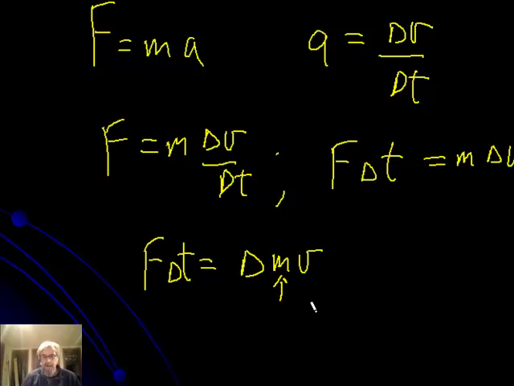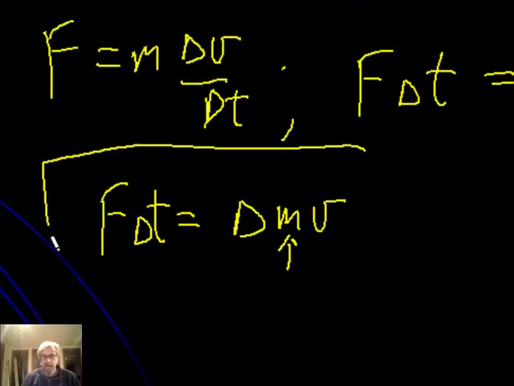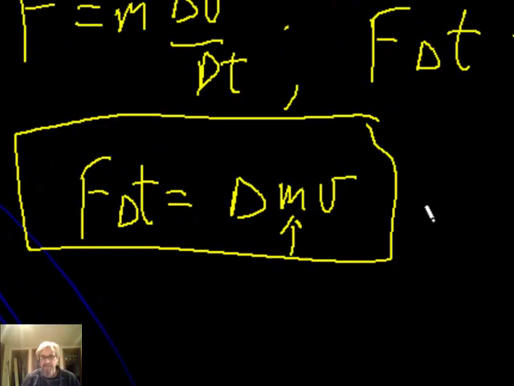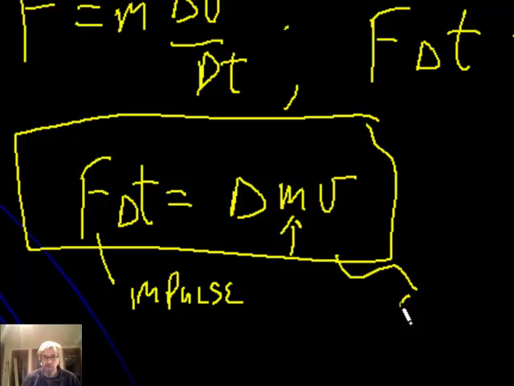So this equation here usually is going to be m delta v, because most of the time mass can't change. But if it can, we have to take into consideration that F delta t is equal to the change in momentum. So impulse, that's what this is. Impulse is change in momentum.